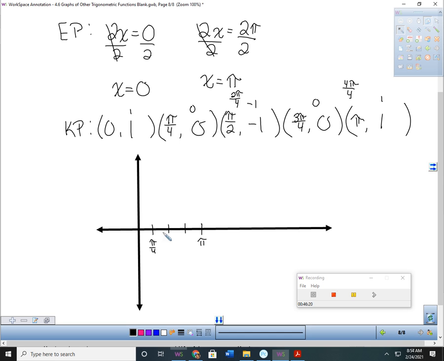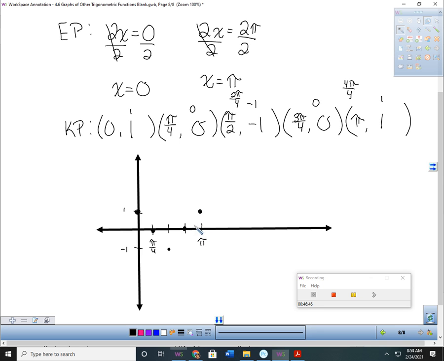I'm just going to label a couple of these. And then I'm going to go up to 1 and down to -1. So plot those points: 0, 1; pi over 4, 0; 2 pi over 4, -1; 3 pi over 4, 0; and pi, 1.